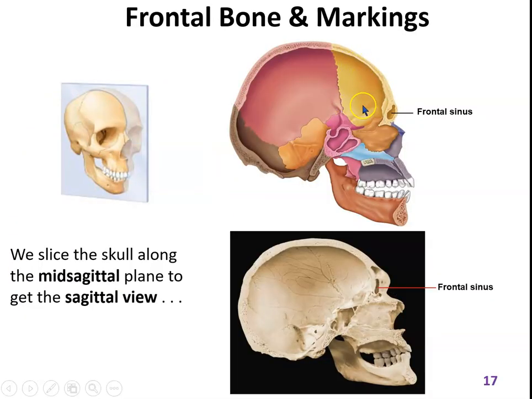So this is all frontal bone in yellow here. It also has sinus spaces inside it, and those empty spaces make the bone a little bit lighter, but also they are part of your respiratory system. So as you inhale air, some of it goes into the sinuses and gets sort of treated before it comes back out and goes down to your lungs.